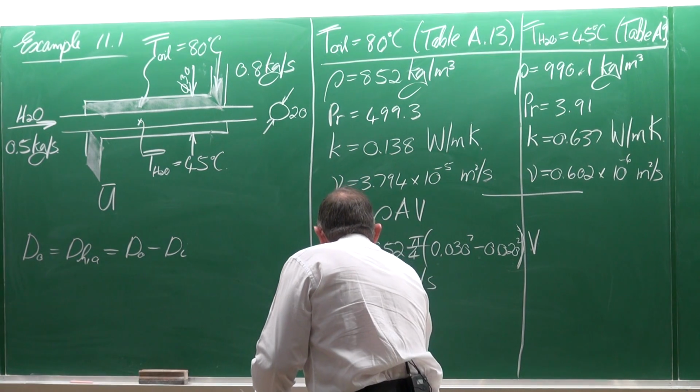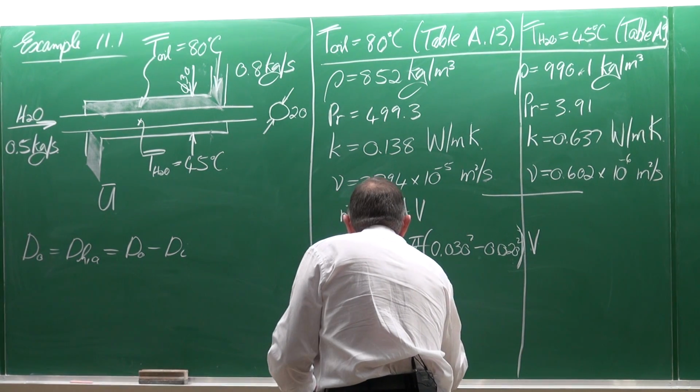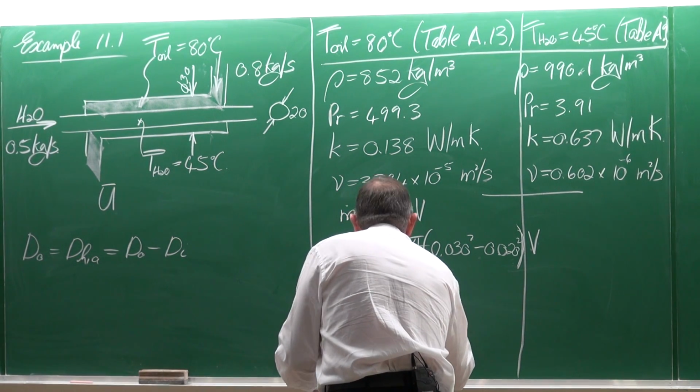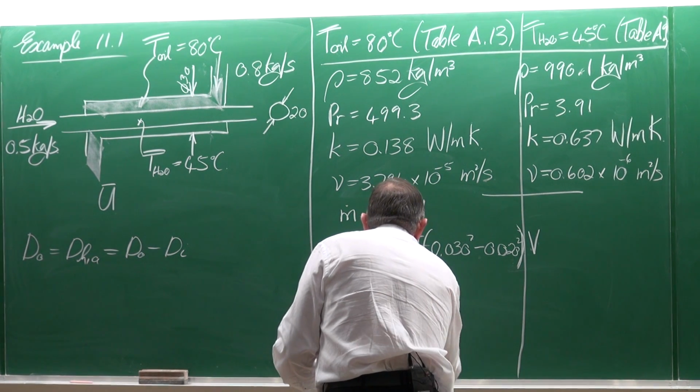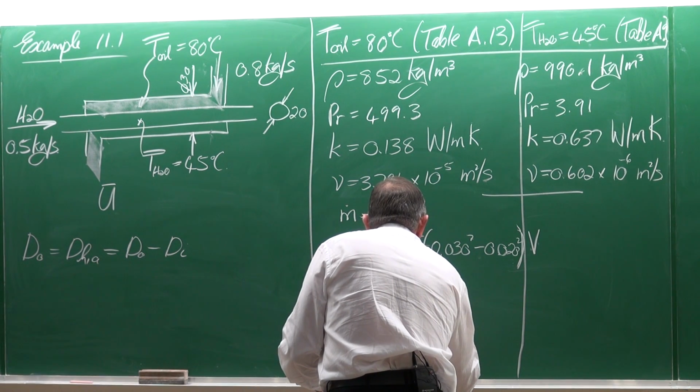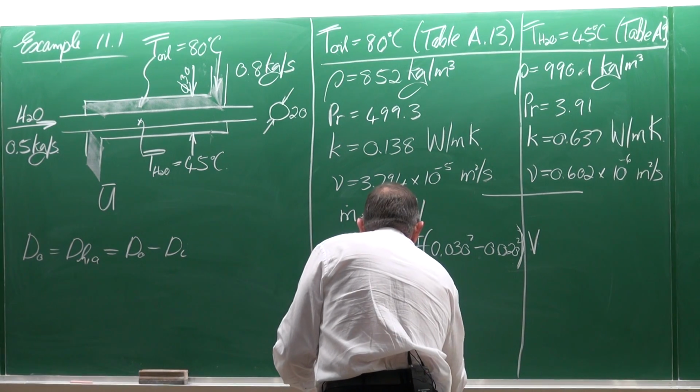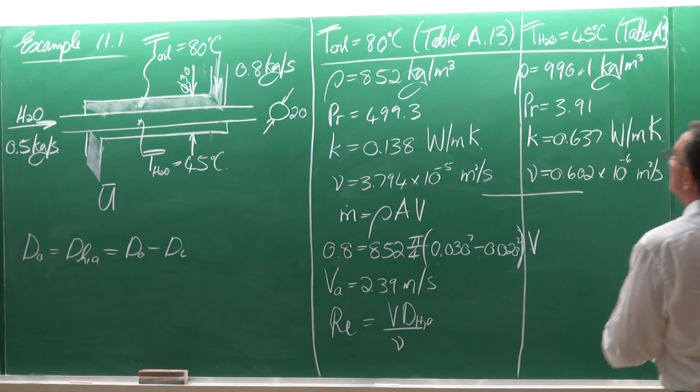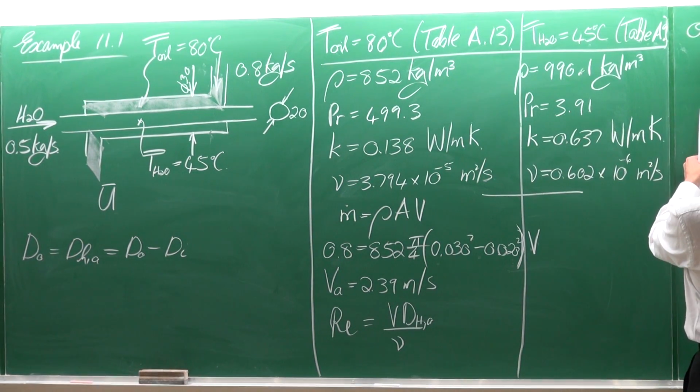Once we've got the velocity, we can calculate the Reynolds number, which is going to be the velocity multiplied by the hydraulic diameter for the annulus divided by the kinematic viscosity. So on this side we're doing the oil.